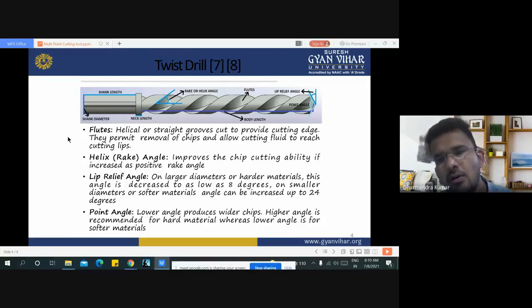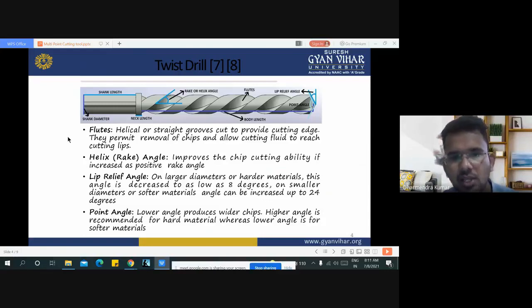It depends on the operator, meaning which type of material we are using. If we are using harder material, then the lip relief angle is as low as 8 degrees, and if we are using softer material, then the value of the relief angle will be up to 20 degrees. Point angle: lower angle produces wide chips.